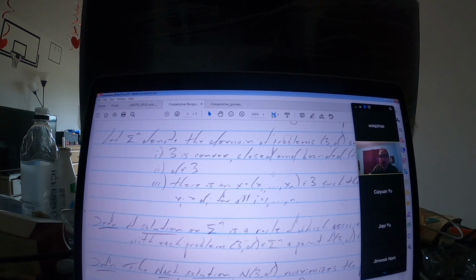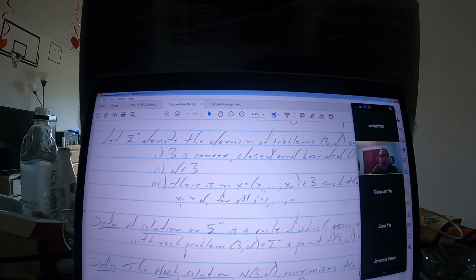And then just to make this interesting, we also assume that there's some vector of payoffs in B such that every player would receive strictly more than its disagreement payoff. Okay? So there's some incentive to bargain.